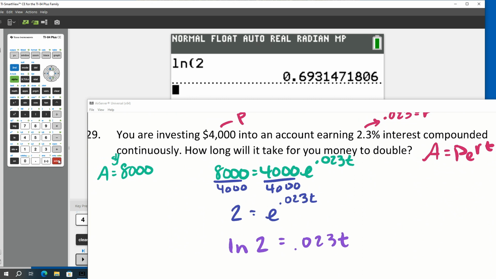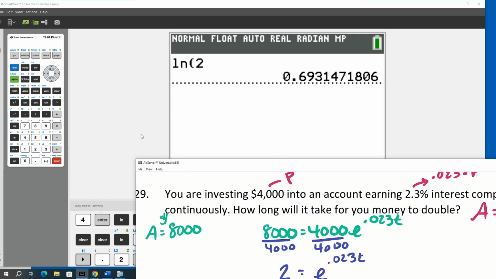Okay. That's what the natural log of 2 equals. And then we're going to divide that by 0.023. We're going to use the whole decimal, not the approximated. So we'll just do divided by.